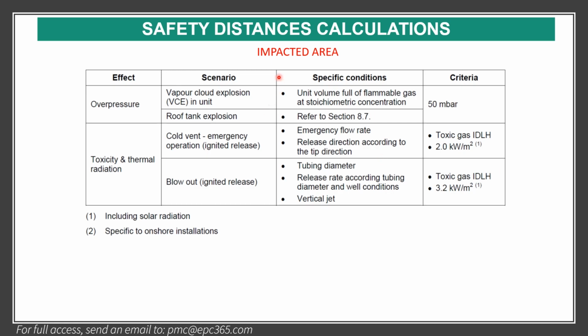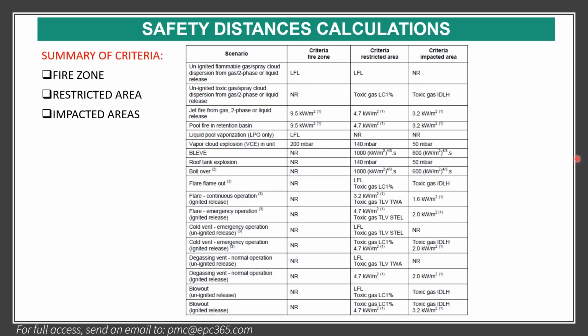For the impacted area, the criterion for overpressure is 50 millibar, and for toxic gas it is IDLH. We have to calculate this, and remember that the 2 kilowatt per square meter includes solar radiation. As a summary for fire zone, restricted and impacted, the criteria for all of these are given here.